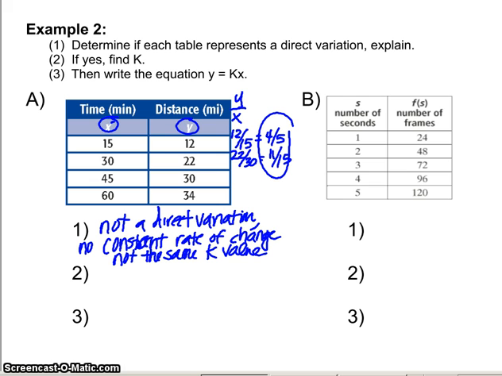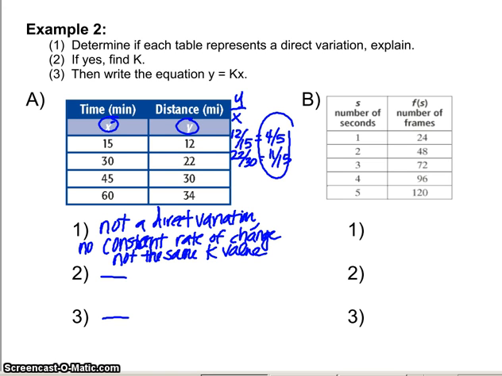K values are found by doing y divided by x. If you don't have the same k values in your information, there is not a direct variation. There's not a constant rate of change. And therefore, number 2, obviously there's no k value. And if we don't have a k value, obviously we can't fill in that equation. So you're done.